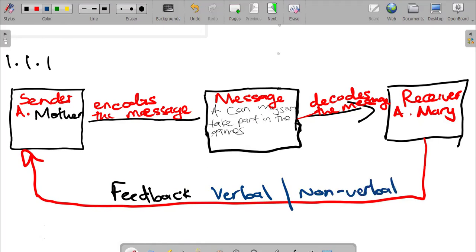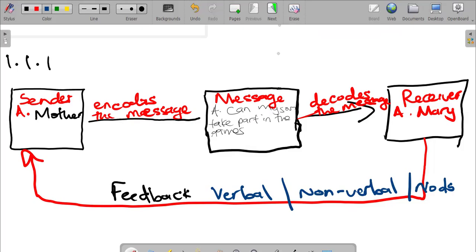For this instance, Mary nods, showing yes. Body language was used. That's a feedback.